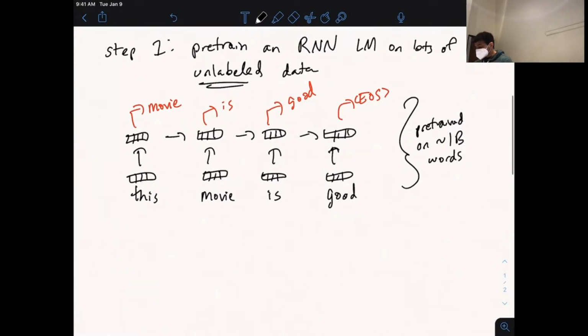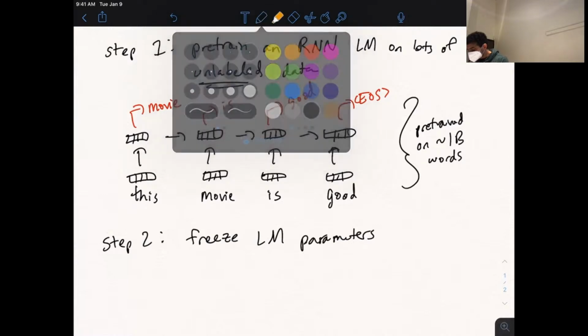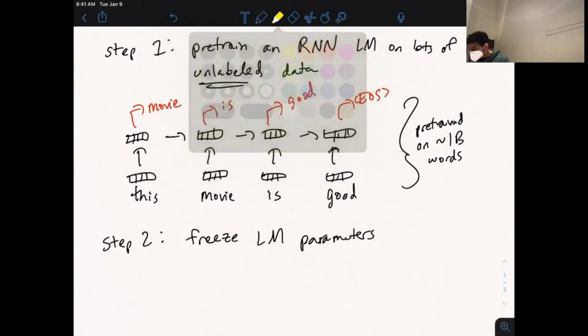So given this RNN language model, the next step is to freeze the LM parameters. So again, I'll highlight some terms that we will talk about in detail later.